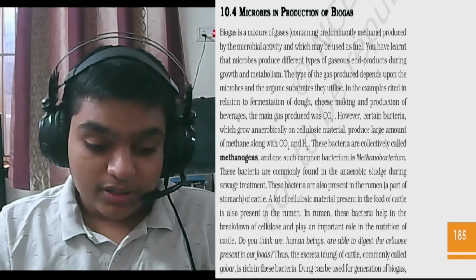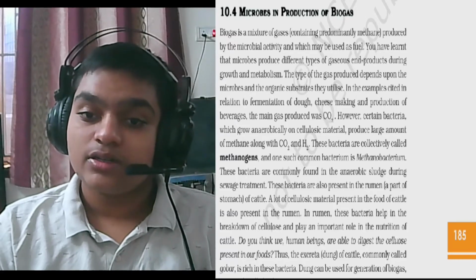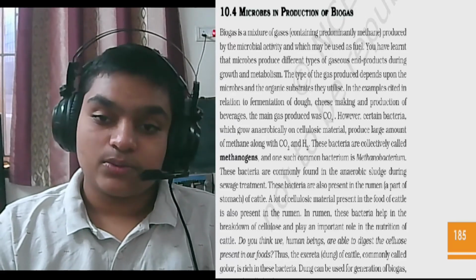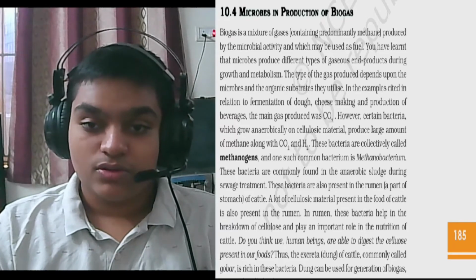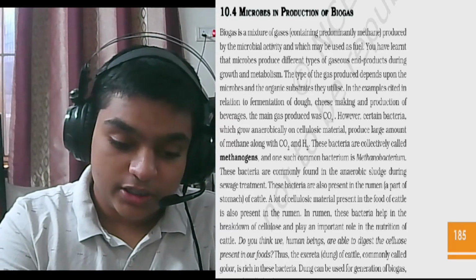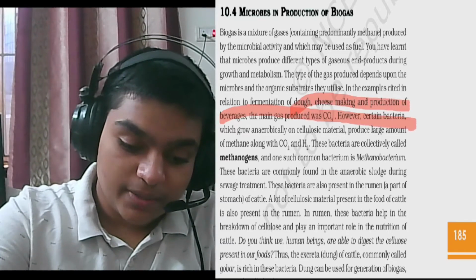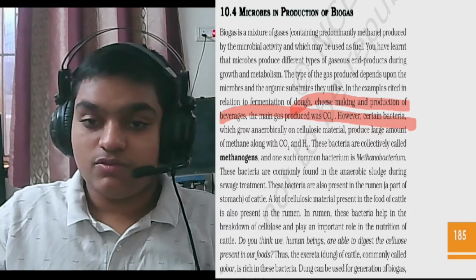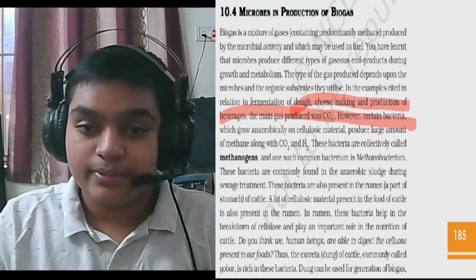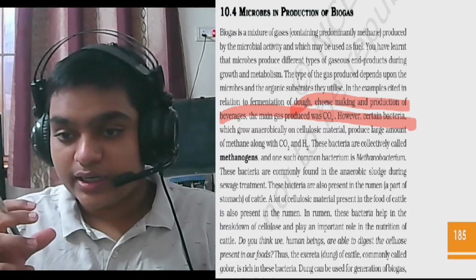If you have the bacteria in the bread making industry, the microbes release CO2. Like here, the same thing is given. The dough making industry, cheese making, and the production of beverages mainly produce CO2.